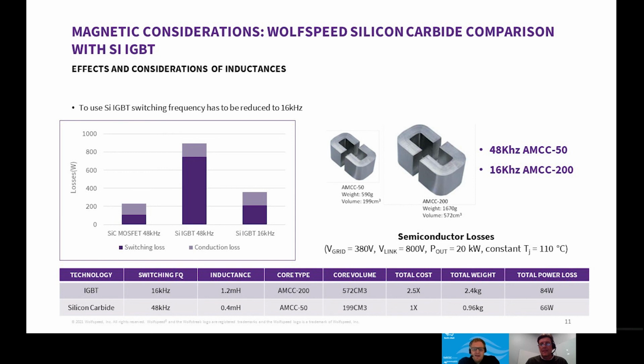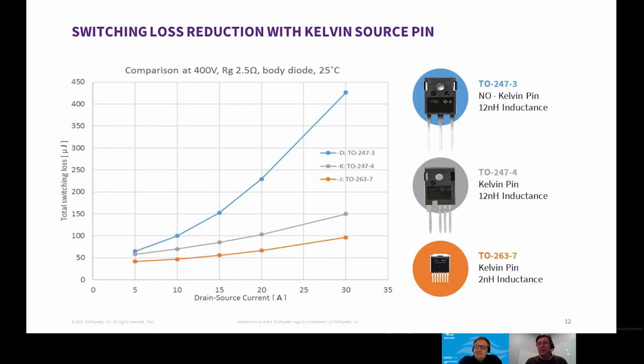I understand. Thank you. Is there anything that can be done with a silicon carbide device designed to reduce switching losses even further? Yeah, I mean, we just talked about increasing switching frequency of a system, but just simple stuff. A 3-pin TO247 has the source signal connection along with the power connection.